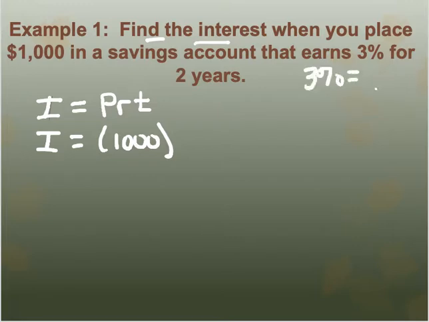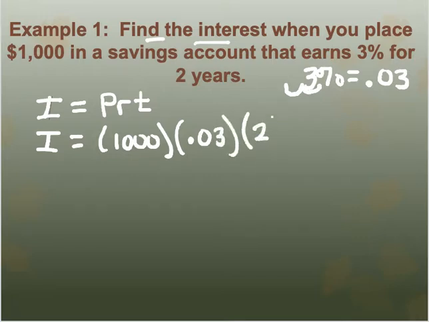And as a decimal, that's going to be 0.03 because our decimal point is currently here. We move it 2 places to the left, which gives us 0.03. So that's going to go in here. And then our time in years is 2. So from here, we plug these numbers into our calculator, and these operations here, this is all multiplication in between these numbers.